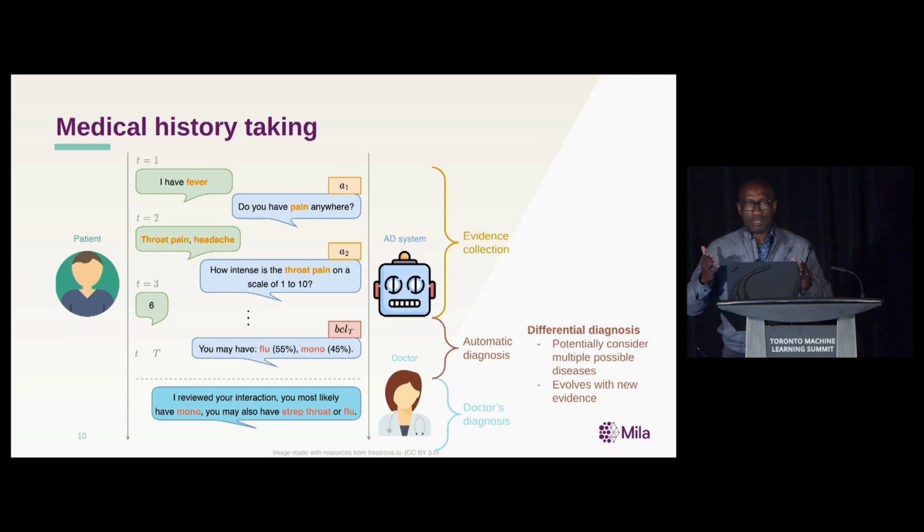And that differential diagnosis, that subset of pathologies, keeps evolving as new evidence is collected. So we would like our system to not just predict the pathology the patient is suffering from, but also to recover the full differential diagnosis that the doctor would get.